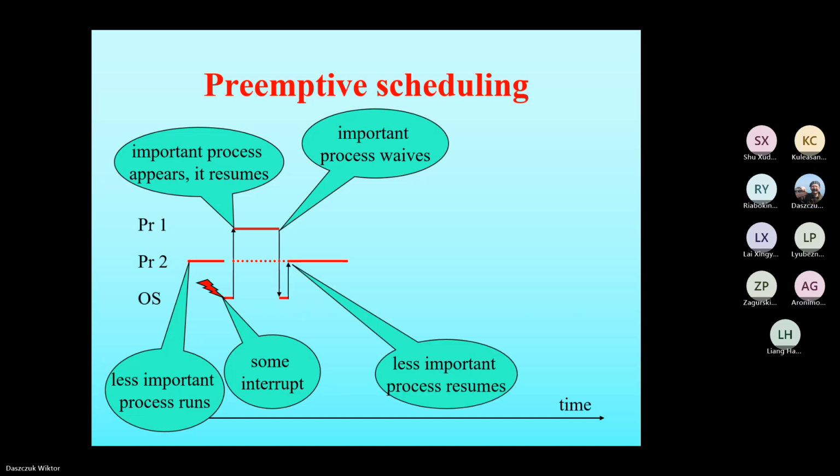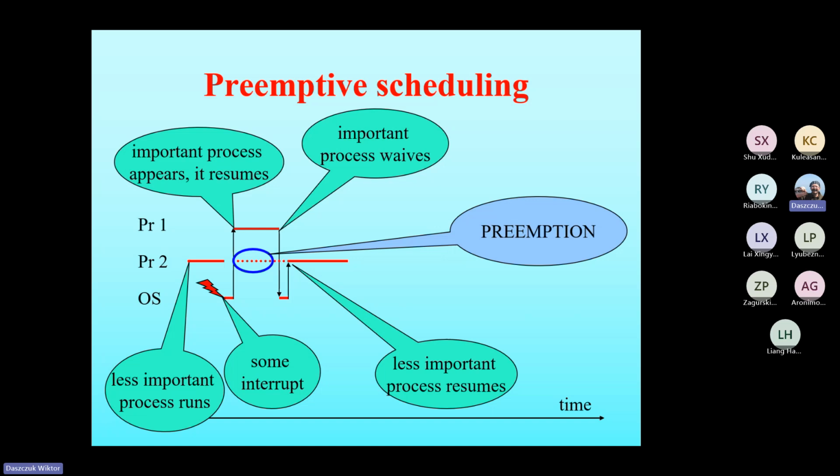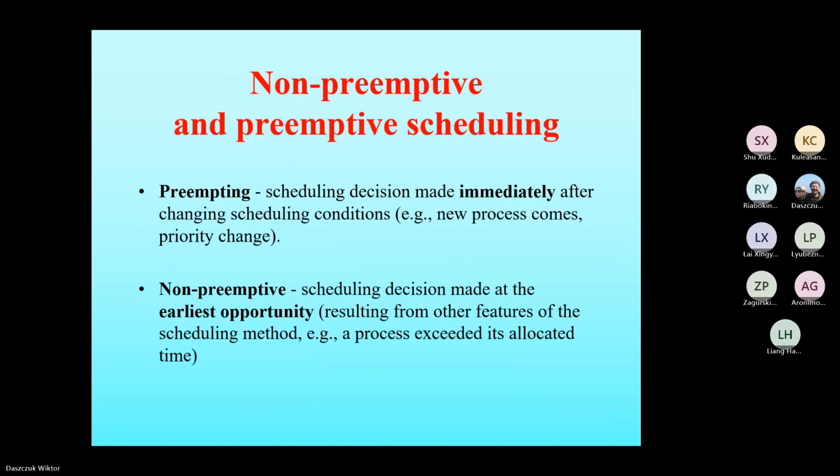This is preemption. So preempting is when the decision is made immediately, and non-preemptive, we wait for some opportunity to make the decision.